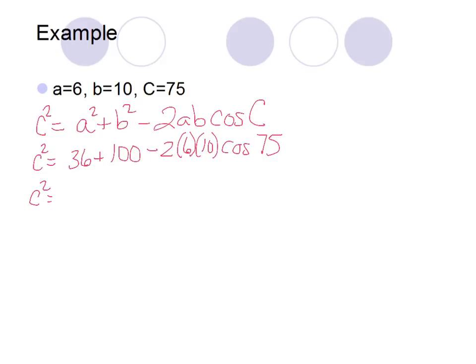And right there, c squared is 104.94. And then you have to square root that, because what you really want is c. Now I have the missing side.